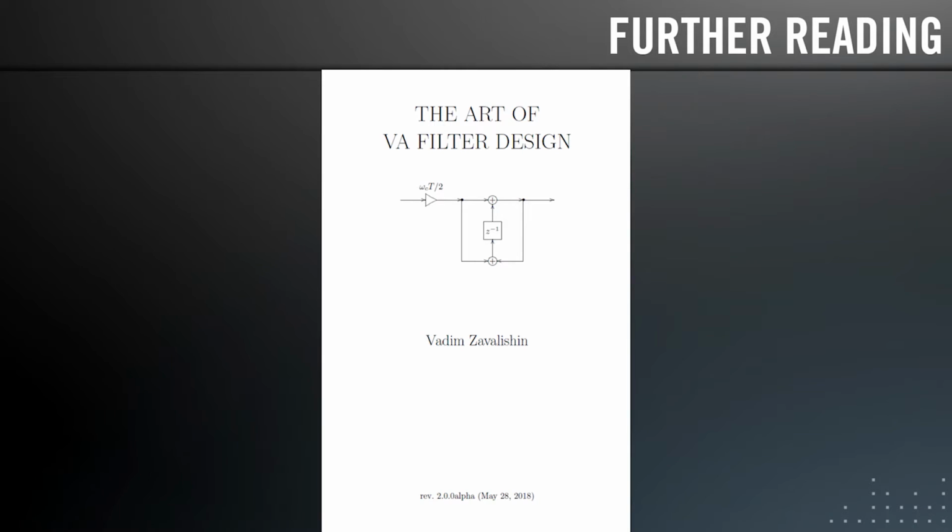If you're interested in the mathematical side of what we will be talking about today, I can recommend you to refer to the new revision of the book, The Art of VA Filter Design, which has just been released about a couple of weeks ago, I think. You have to be careful to download the latest version, which is revision 2.0 alpha. It's freely available from the Native Instruments website.